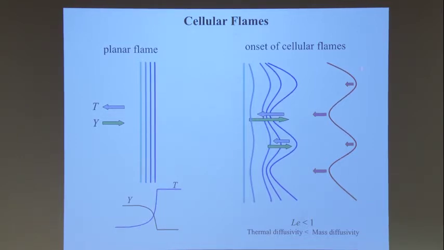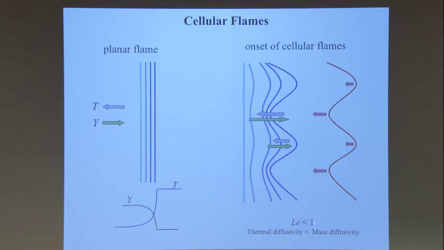When the flame is perturbed, the isotherms are deflected, but eventually, if you go sufficiently far into the unburned gas, they'll be flat again because the temperature is uniform. So what you see is that you have regions, like a region which is convex towards the unburned gas, where you have high gradient. Now, the high gradient depends on the Lewis number.